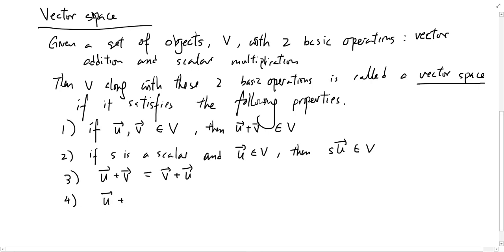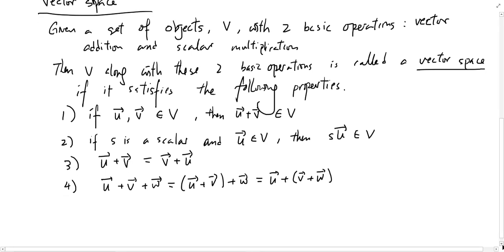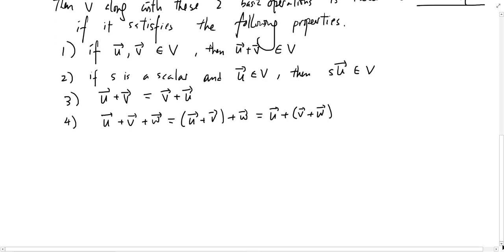If you want to add 3 things together, and remember, because of the closure property we're allowed to do that, you can add the first 2 together, then add the last one, or add the last 2 together and then add the first one. And of course, combined with property number 3, you can actually rearrange them and then add them together.